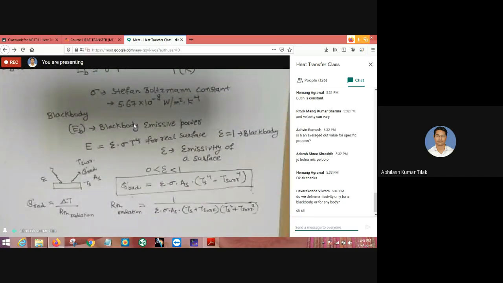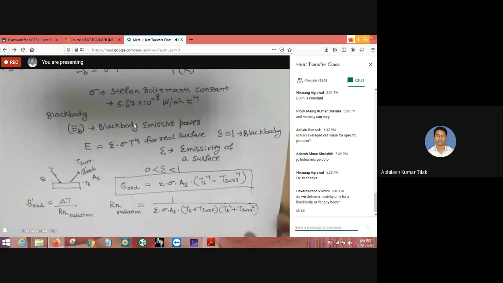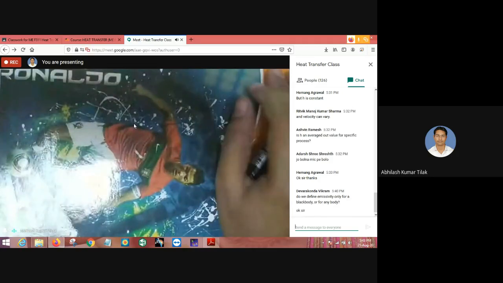So radiation is a volumetric phenomenon, and all solids, liquids, gases emit, absorb and transmit radiation to varying degrees. Now it is a surface phenomenon for opaque solids. Now there are other properties also involved in the phenomena of radiation.